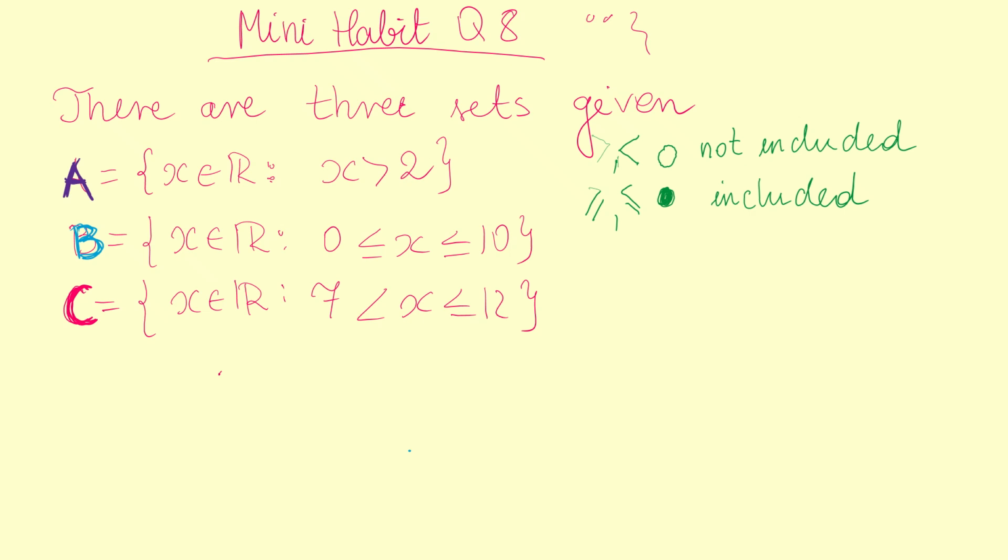As you see, I'm going to use different colors to present these 3 sets on a number line. So let's start. I'm drawing the number line. Don't worry about the exact positions of numbers like 0 and 2.